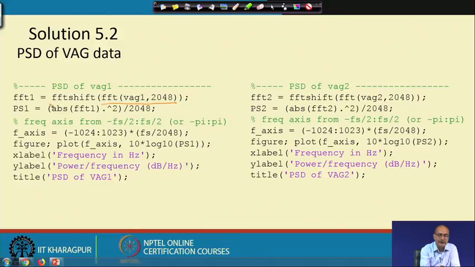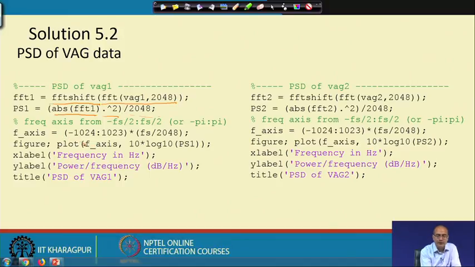We have used the command fftshift to get the signal from minus pi to plus pi, and we are taking the absolute value and computing the square of each of these values divided by the number of samples. Okay? And then we get the frequency axis, starting from minus Fs to plus Fs.